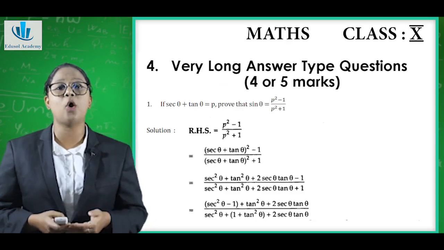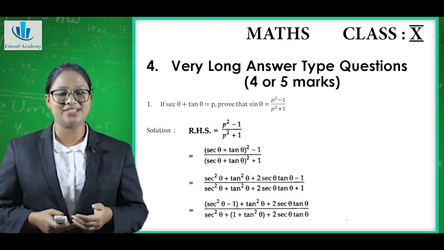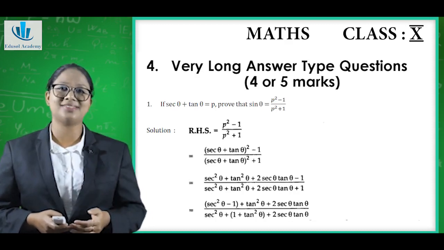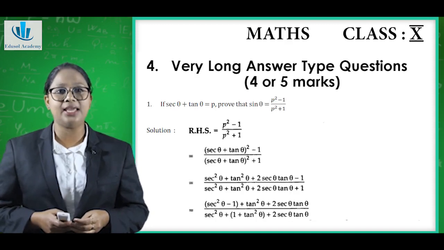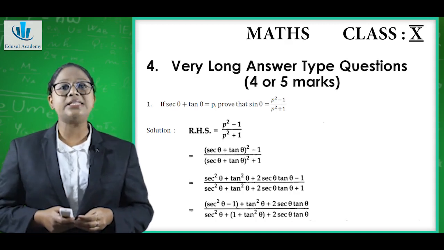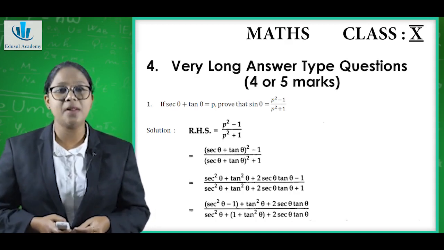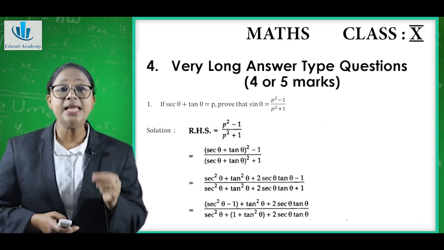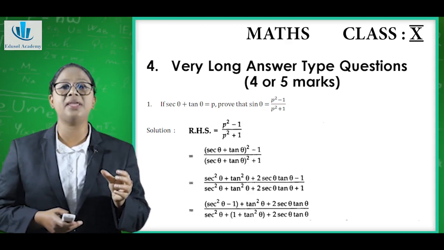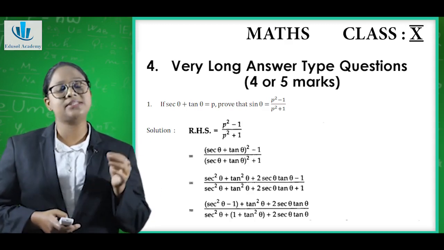Now we shall move on to very long answer type questions of 4 or 5 marks. If sec θ + tan θ is equal to p, prove that sin θ is equal to (p² − 1)/(p² + 1). They have directly given the expression for p, that is sec θ + tan θ.